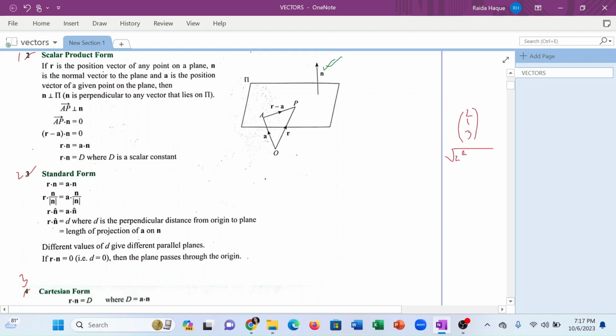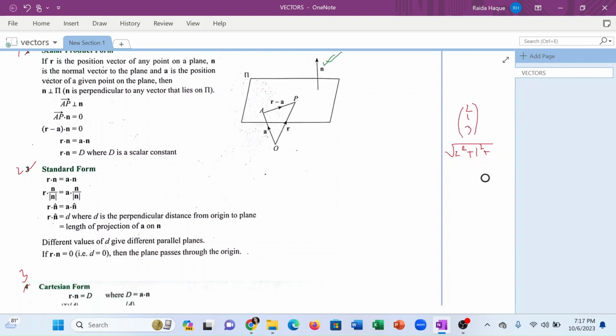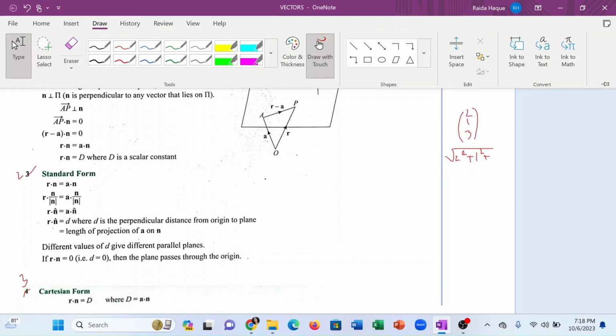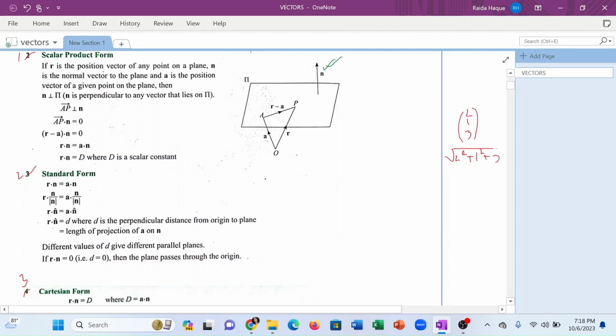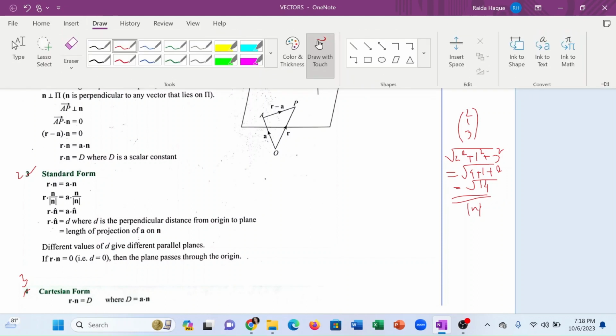It's 2 squared plus 1 squared plus 3 squared. So it will equal 4 plus 1 plus 9. So root 14 is the magnitude of our normal over here. This is what we denote by modulus n.